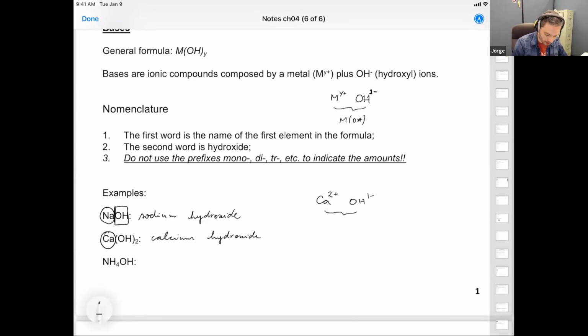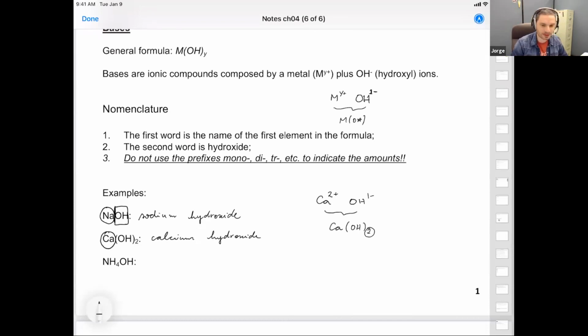When they combine, we need 2 hydroxides for each calcium. So we are always going to put OH in between parentheses, and the crossing will give the index outside of the parentheses. That indicates we have 2 hydroxyl groups for each calcium.